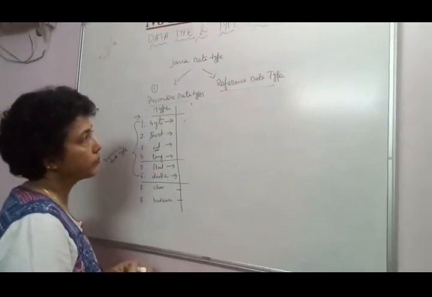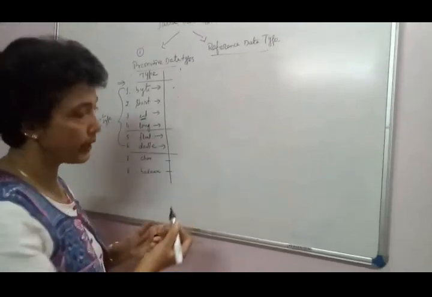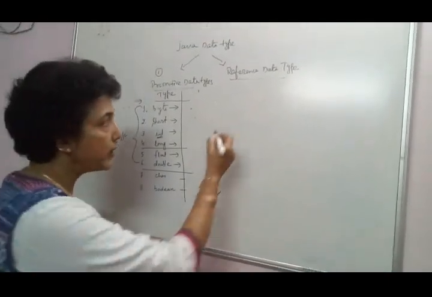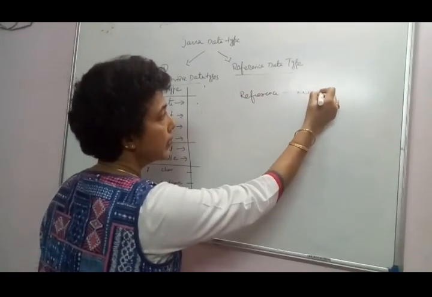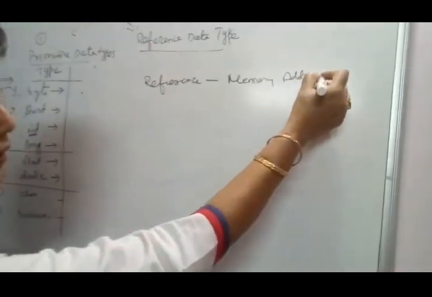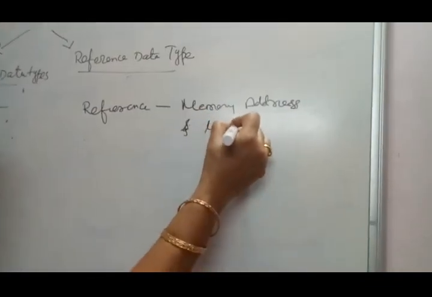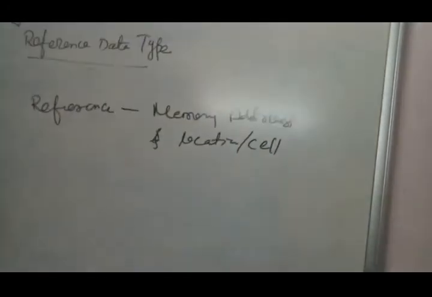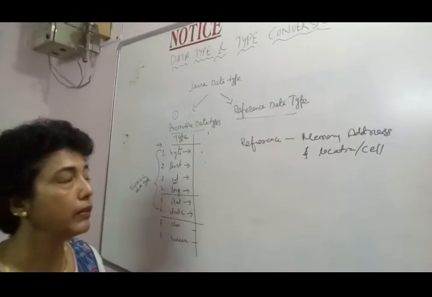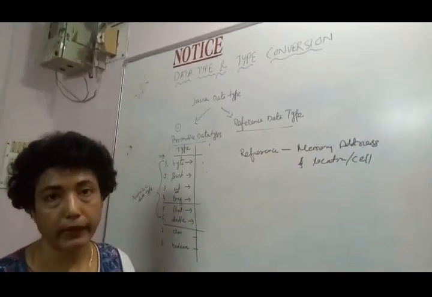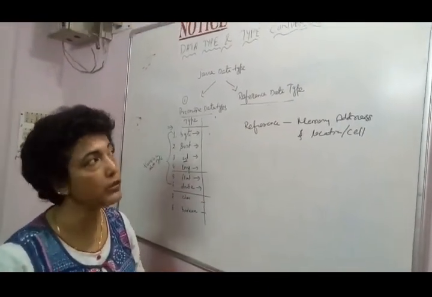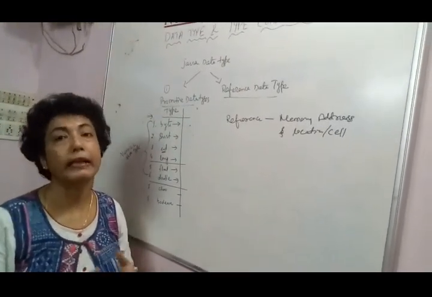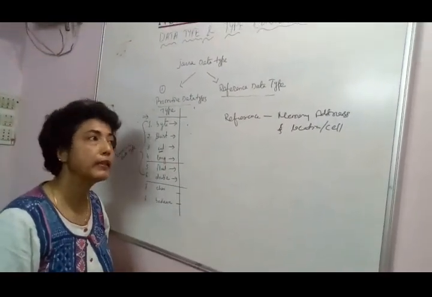Now, actually reference means the memory address of a location or cell. Reference means the memory address of a cell, and this data type is used to refer to the memory address, and the variable that stores this memory address or the reference is called the reference variable, and its data type is called the reference data type.